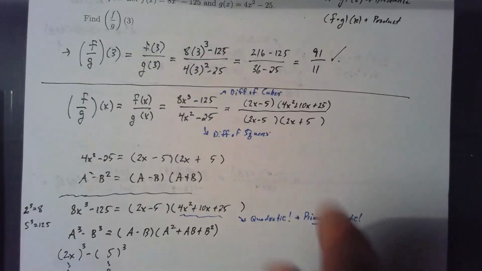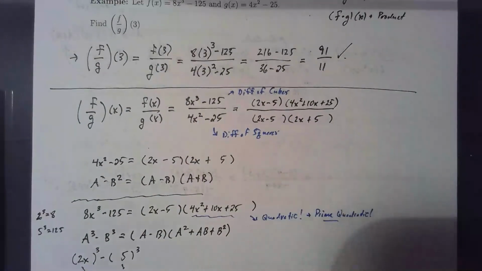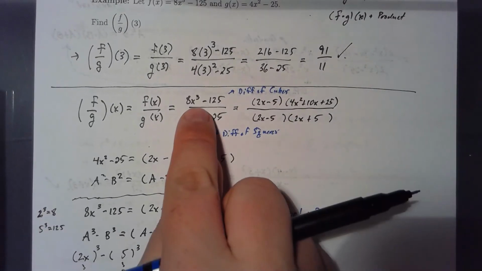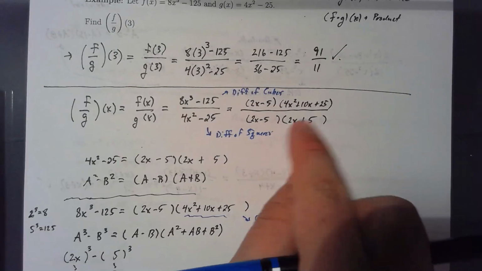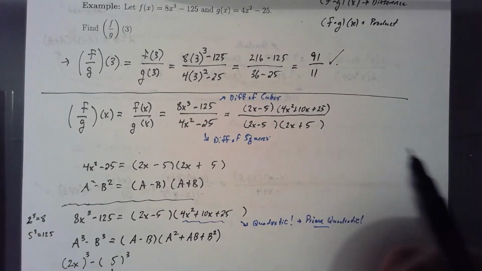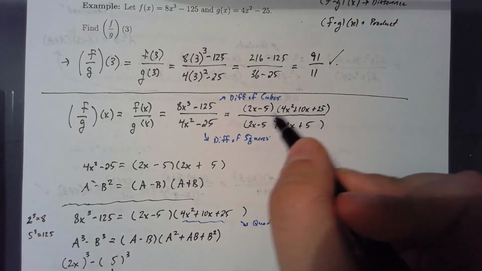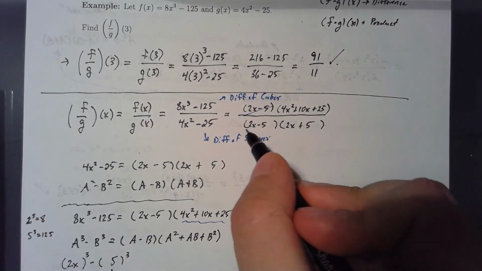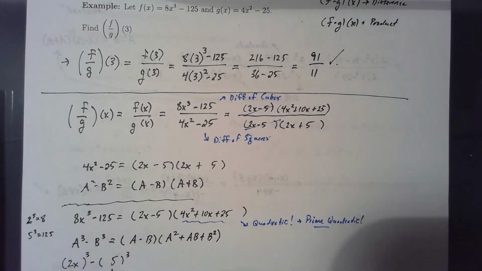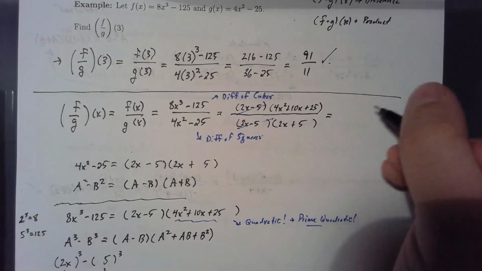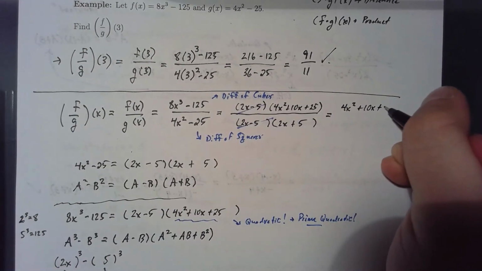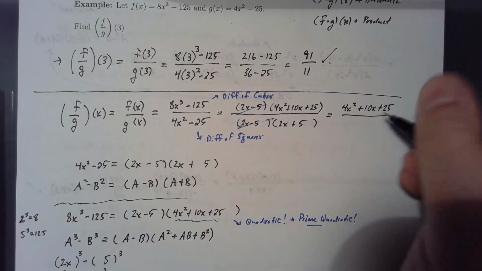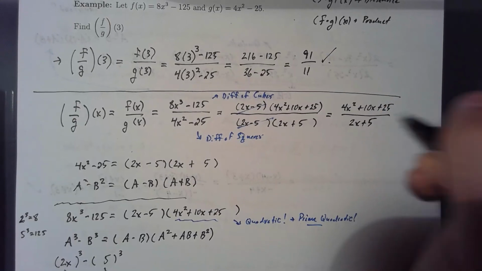Alright, so let's come back up here. So after all that's said and done, the denominator factors to this. Can anything cancel out? Yes, it can. 2x minus 5 cancels with this 2x minus 5. So I'm left with 4x squared plus 10x plus 25 in the numerator all over 2x plus 5.